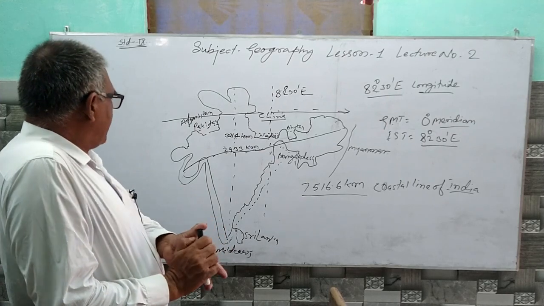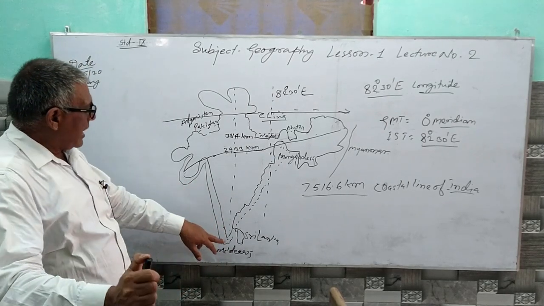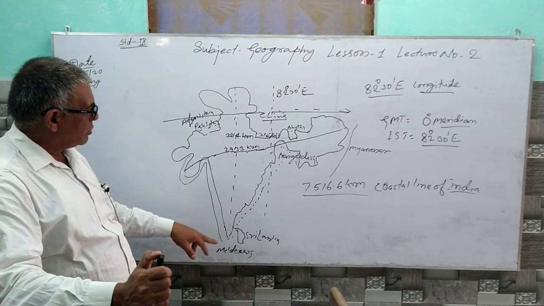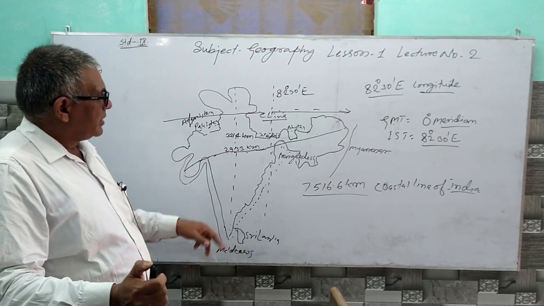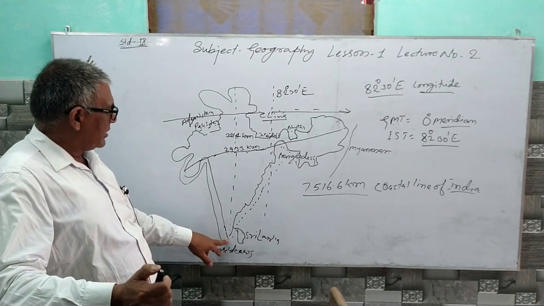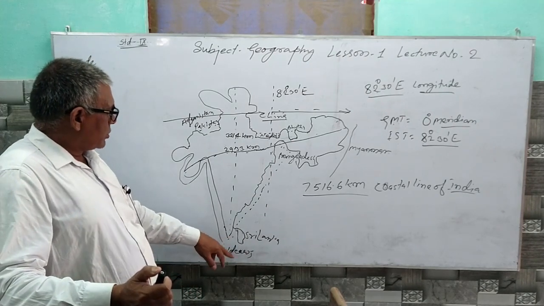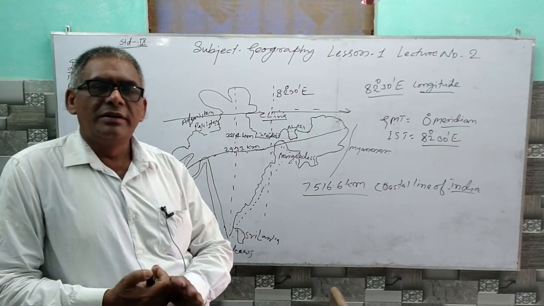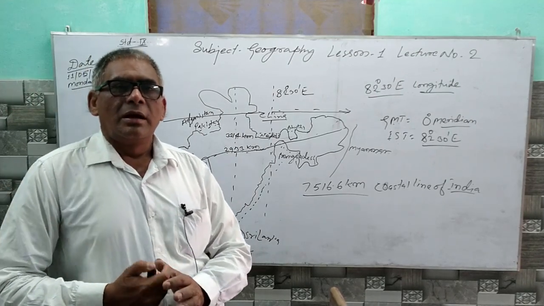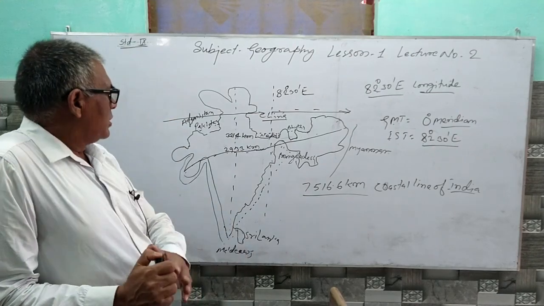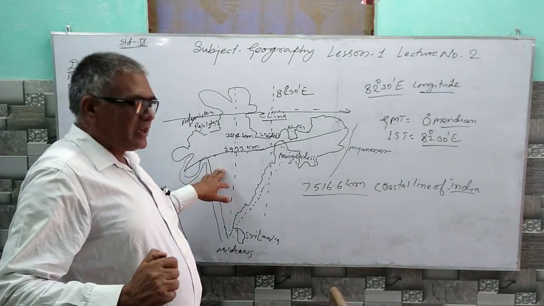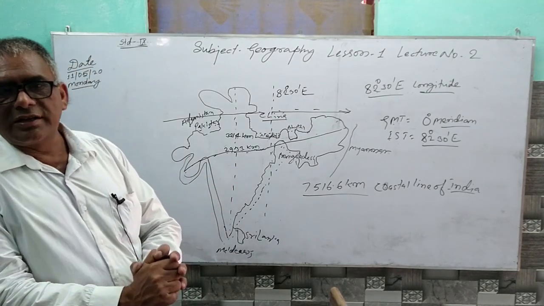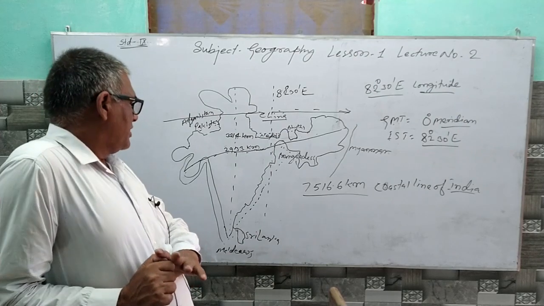Now you will see here, India is situated on the top of the Indian Ocean. This Kanyakumari is on the top of the Indian Ocean, and this Indian Ocean plays an important role in India's trade and the sharing of culture and religion with other countries.